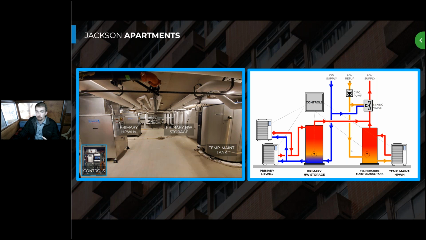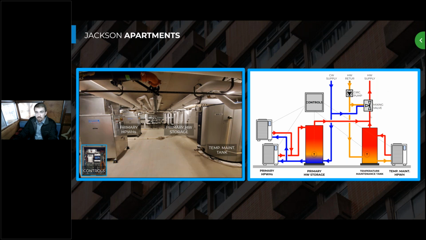As soon as there's usage from the building, then we have that hot water flowing from the primary storage and into the bottom of this temperature maintenance tank, flowing through the temperature maintenance tank and then out to the fixture. So now that hot water that in some of these systems is 150 degrees is actually heating this temperature maintenance tank as it works its way through and goes out to the fixtures.